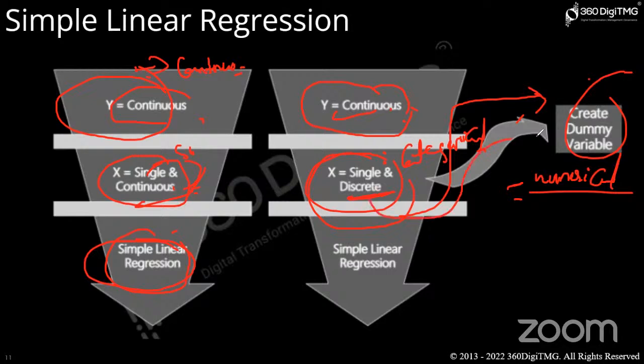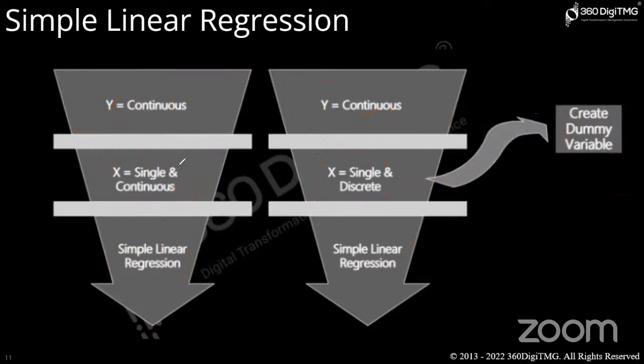Then you can go for simple linear regression. Whenever you have just single and continuous, you can simply go for simple linear regression. But if you are having a single discrete input, you have to convert it into a dummy variable.